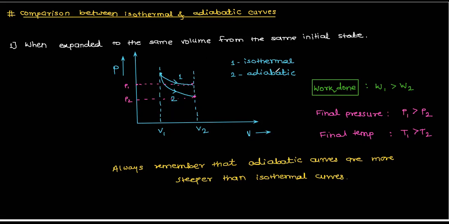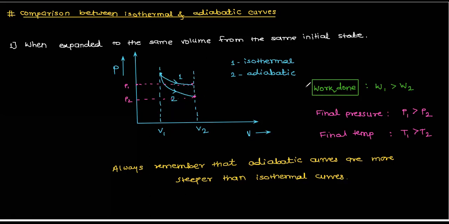So what is the case here? See, adiabatic curves, which one? These two. So these are steeper than the isothermal. Understand? Always keep in mind. Which are steeper? Adiabatic. So in this diagram, which one is steeper? You see this second one. This is not steeper. This one is steeper.